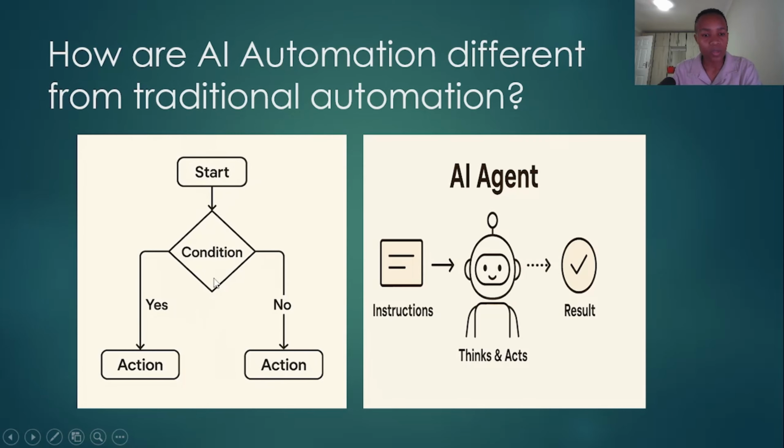With traditional automation, it's those chatbots you'll see in many online stores or websites, where you just write or put a text there, and based on the condition, because it is designed to follow yes or no. If it's yes, based on what you wrote, it will take action following this path, and if it's a no, it will take that path.